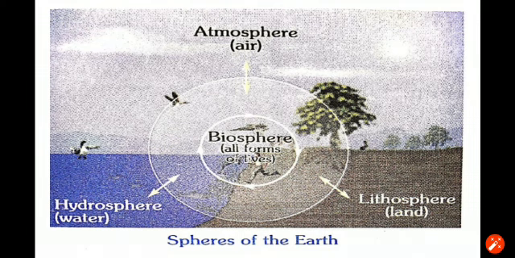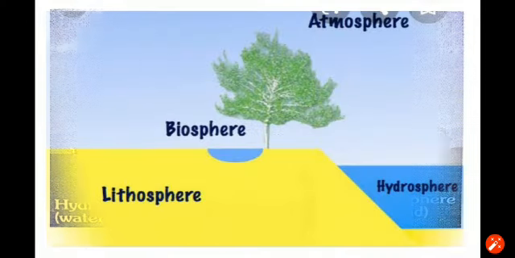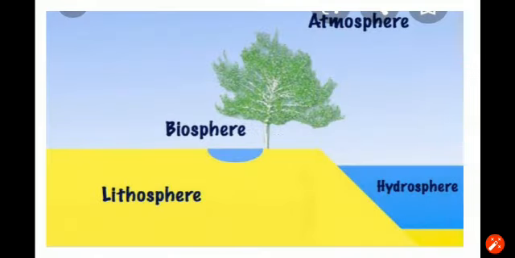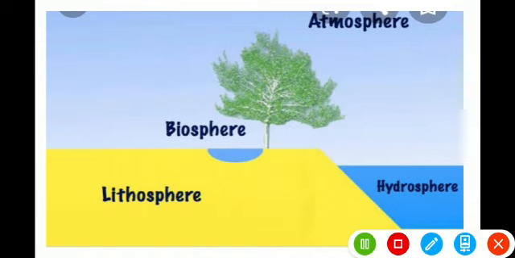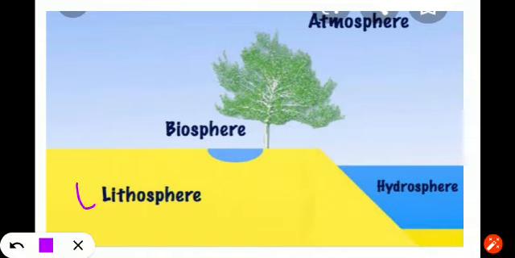Just see, I am going to discuss firstly lithosphere. It is the solid crust or hard top of the earth. You can see this picture. Lithosphere, that is the solid crust or hard top layer of the earth.